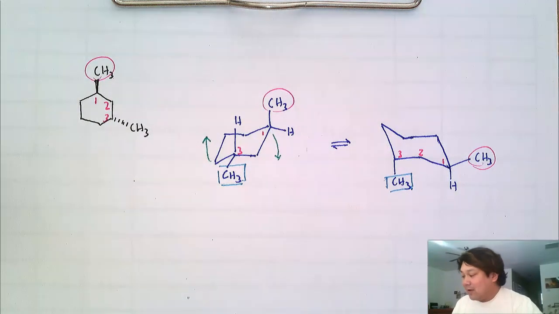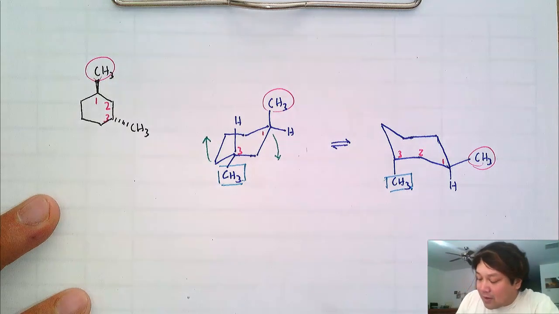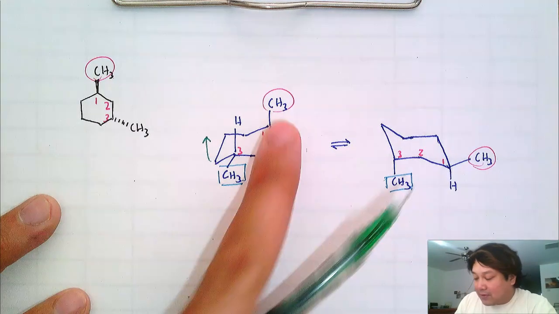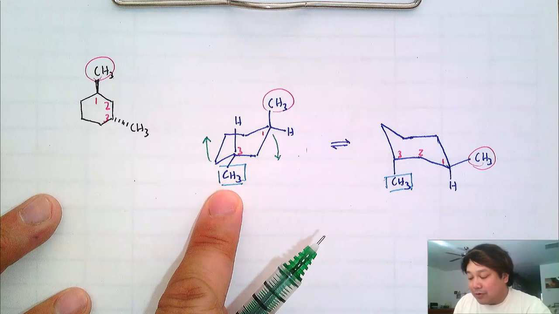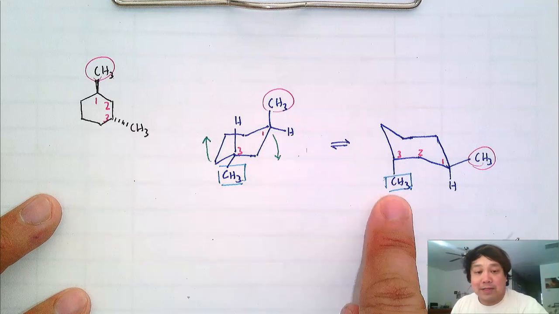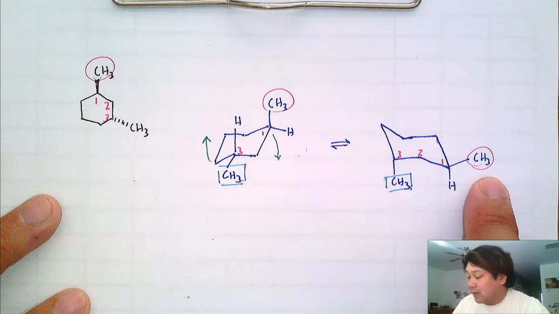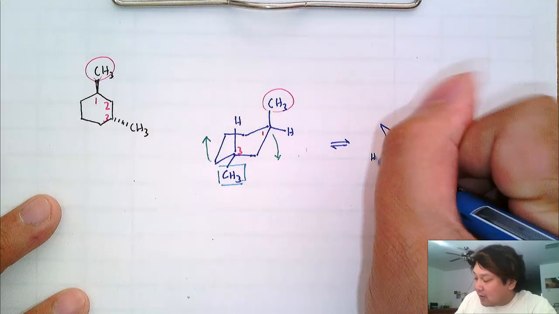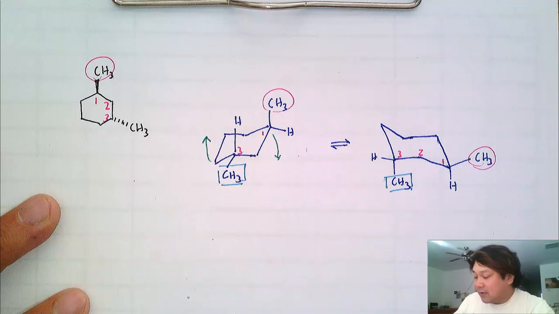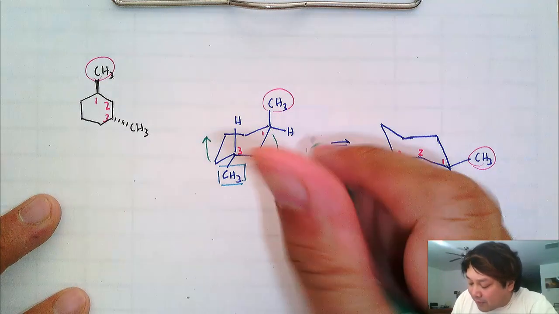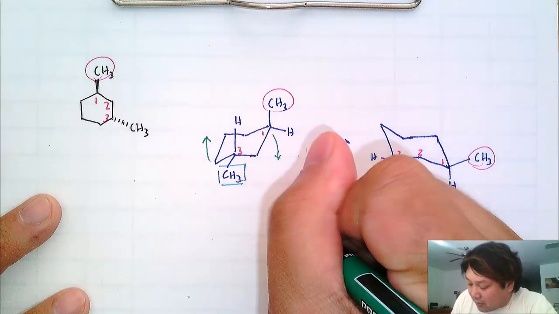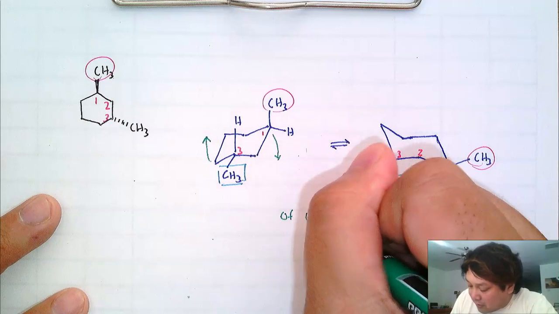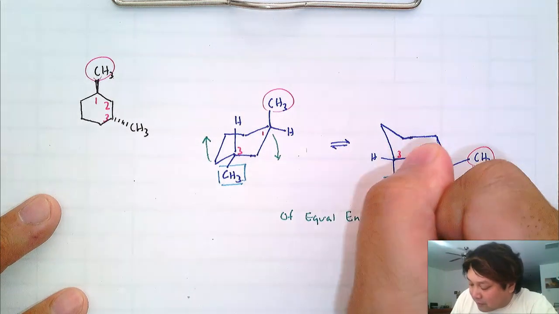What did I notice here? One methyl group is axial, one methyl group is equatorial. It's a complete tie. Your conclusion for this should be that the two chair conformations are of equal energy.